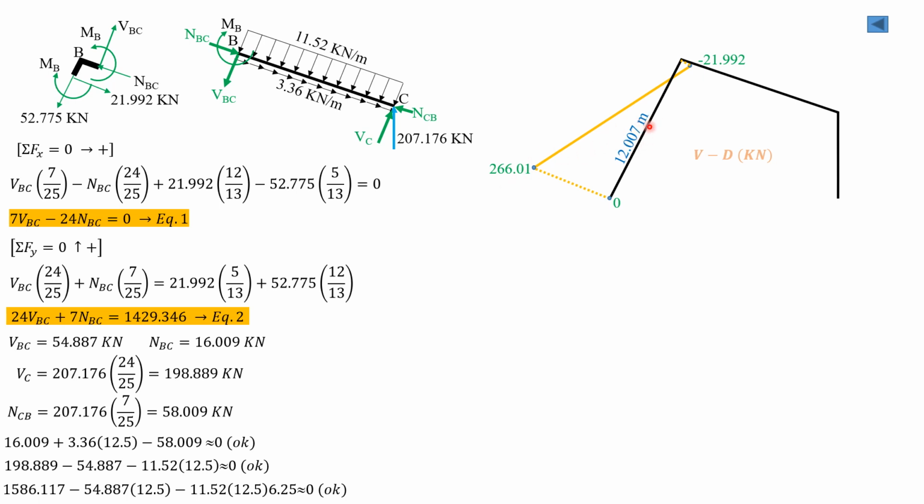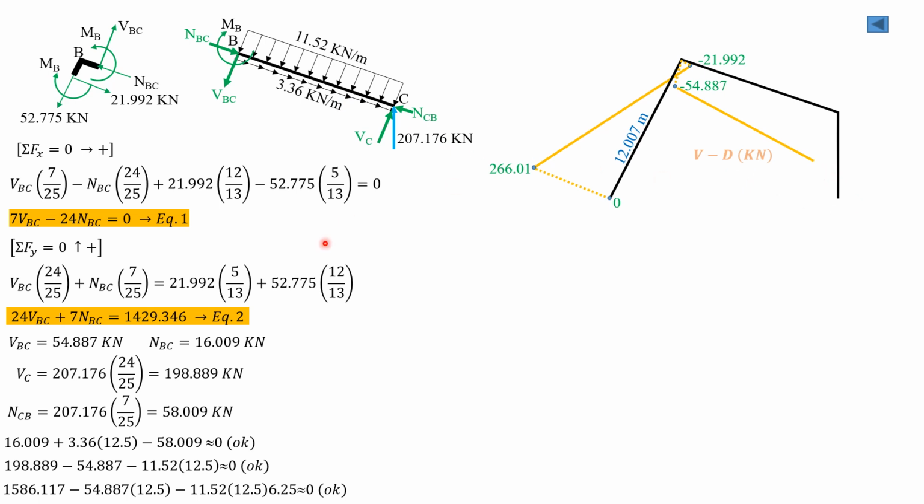Again, you can solve 12.007 by similar triangles. This is 13 meters total length, or 266.01 divided by W normal 1, and you'll get 12.007. Therefore, this distance is 0.993, 13 minus 12.007. Then this is shear BC, which is negative 54.887, then minus 11.52 times 12.5, the length of BC.